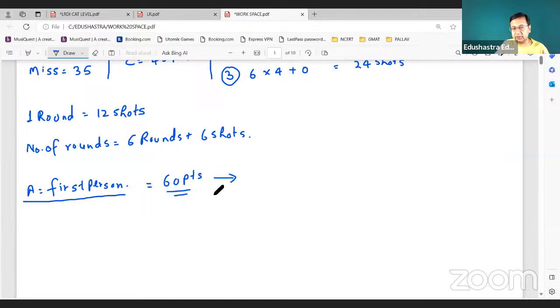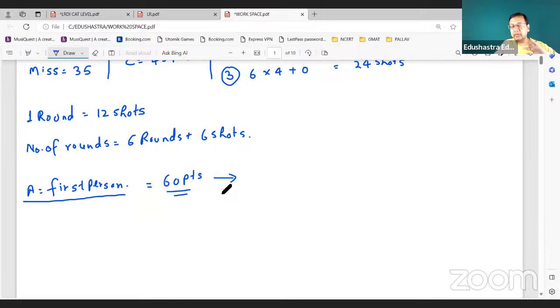This is my assumption. So this means after the missing of the target by B and C, A will be getting 1 point each.